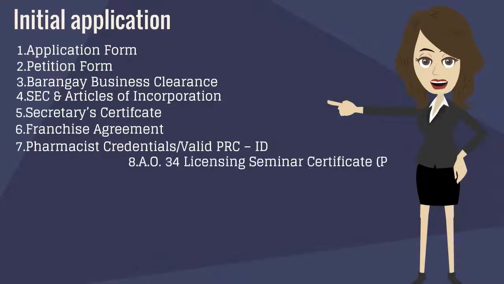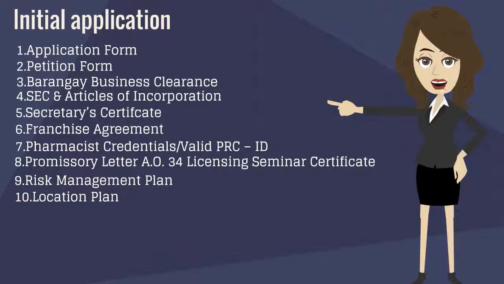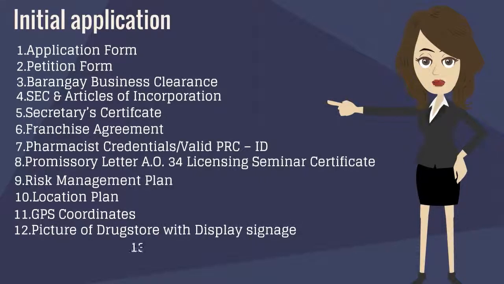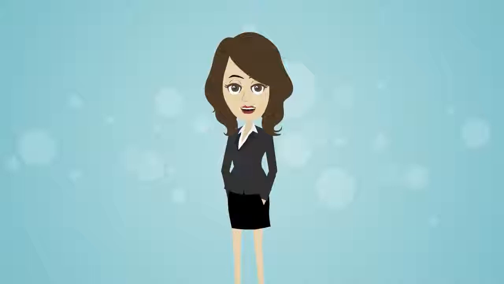AO34, licensing seminar certificate. 9. Risk management plan. 10. Location plan. 11. GPS coordinates. 12. Picture of drugstore with display signage. 13. Proof of payment. And 14. Self-assessment toolkit. To further illustrate and understand the documentary requirements, let us discuss it one by one.